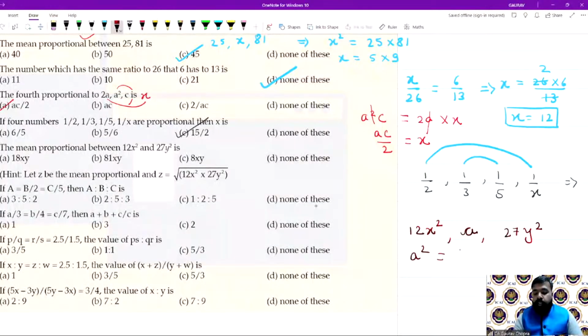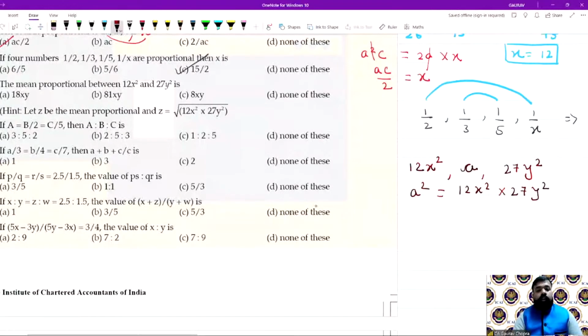So a square equals 12x square multiplied by 27y square. So the value of a will be the root of 12 into 27, which is 324, into x square into y square. The root of 324 is 18, the root of x square is x and of y square is y. So a is equal to 18xy. So this is the mean proportional.